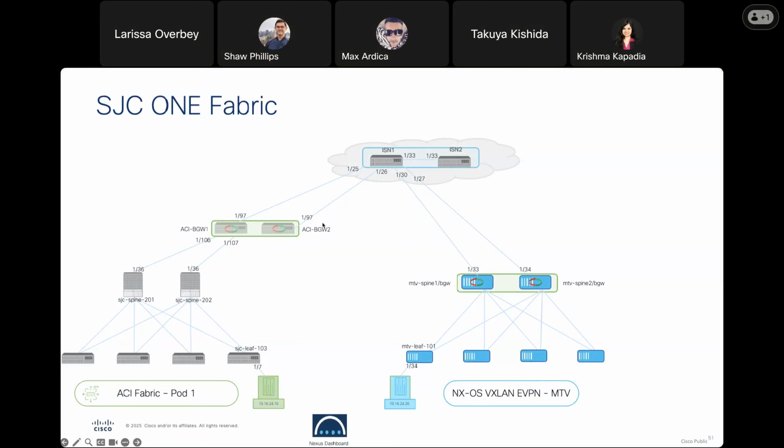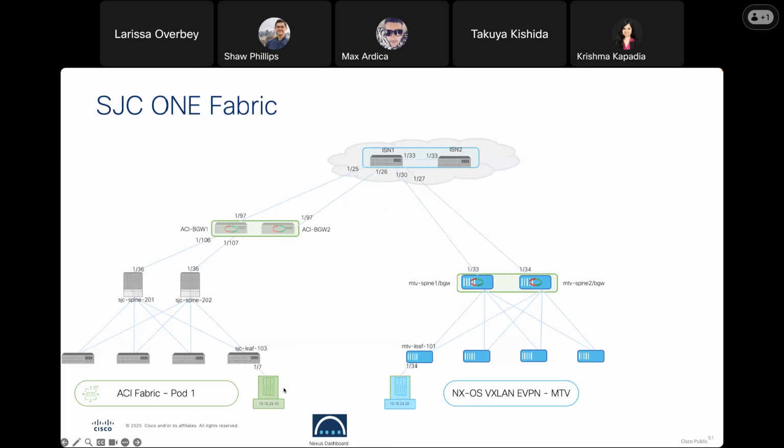We have the ACI border gateways here, and we've got the spine border gateway role in our NXOS fabric. You don't need to have a dedicated border gateway. You do need to on the ACI side, but for NXOS, you don't need to. And we're connected through a single ISN now.